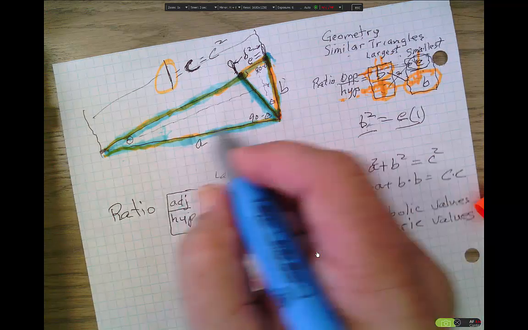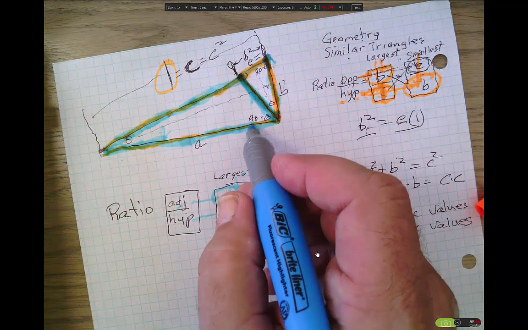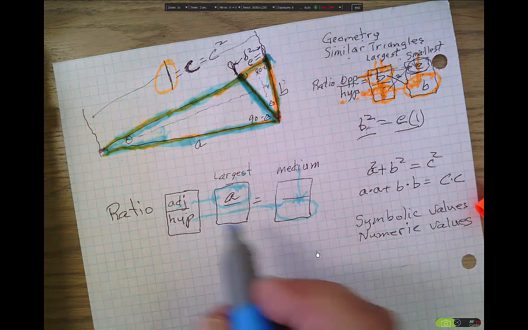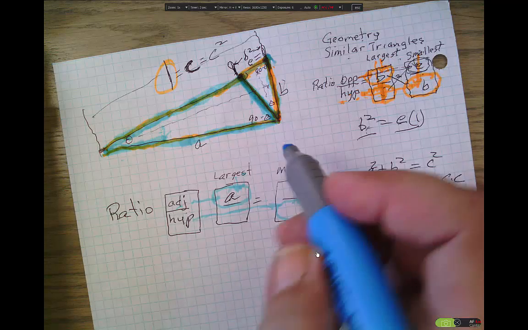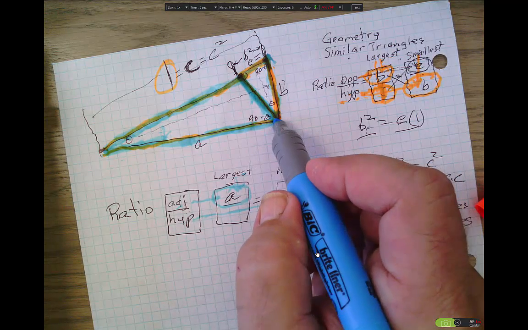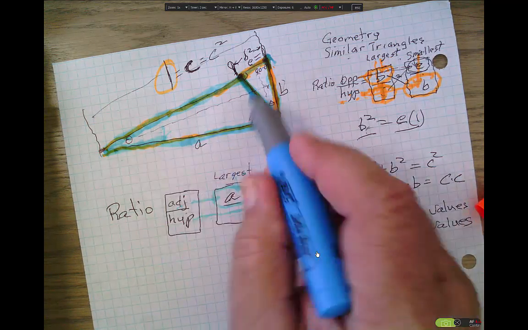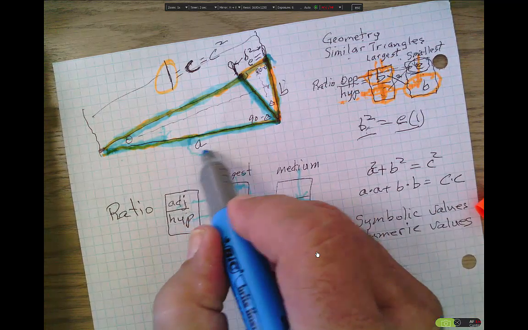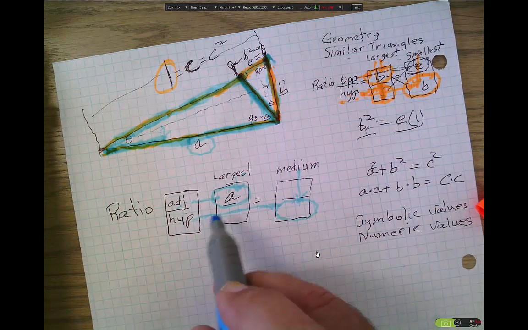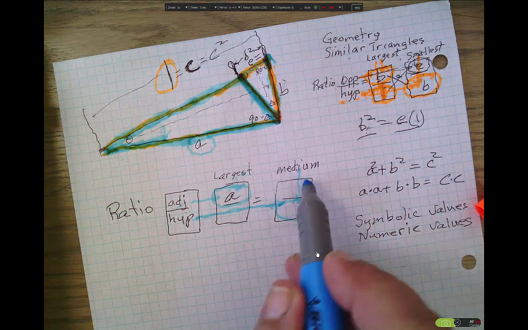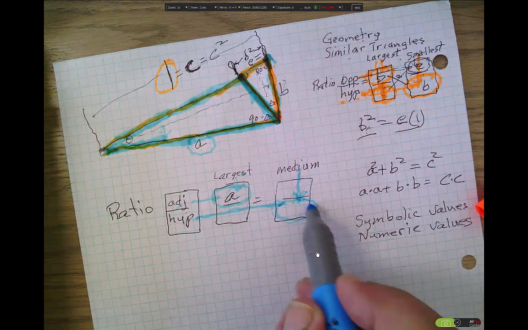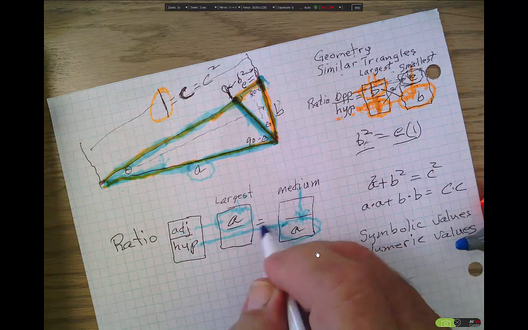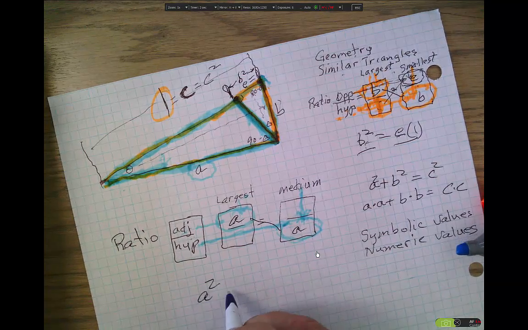Now, this is the hypotenuse of the medium-sized triangle. We're looking for the hypotenuse of the medium-sized triangle, and it's right here. So what's its value? Its symbolic value is A. And that goes here, the hypotenuse of the medium-sized triangle, and we see that it has a symbolic value of A. So when we cross multiply, we have an A squared term.